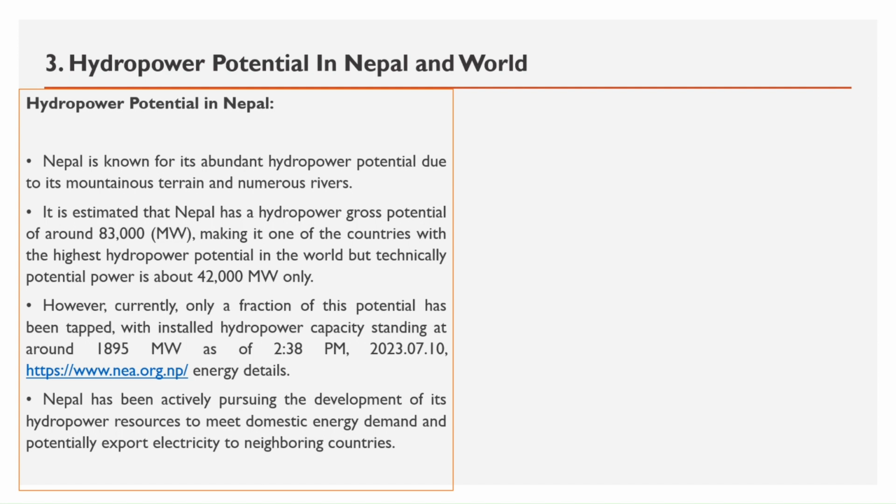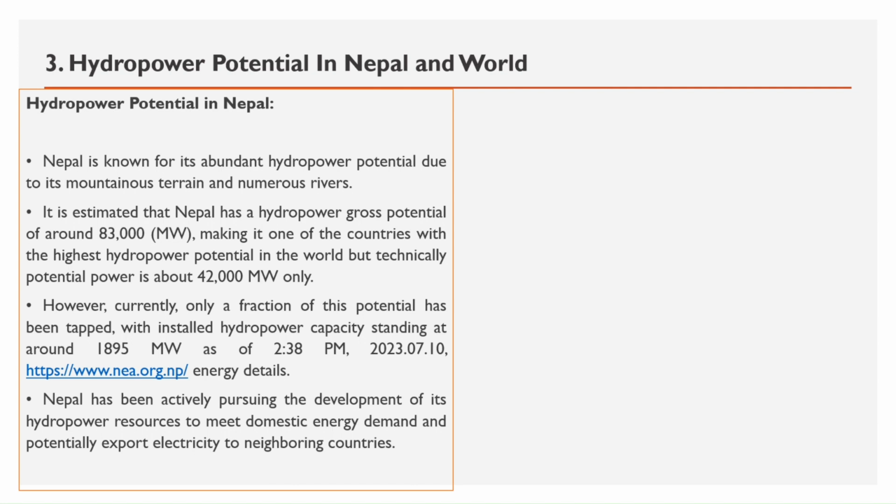It is estimated that Nepal has a gross hydropower potential of around 83,000 megawatts, making it one of the countries with the highest hydropower potential in the world. But technically feasible potential is about 42,000 megawatts only.